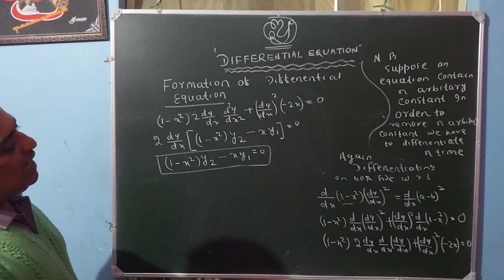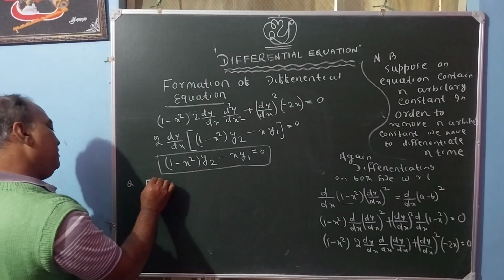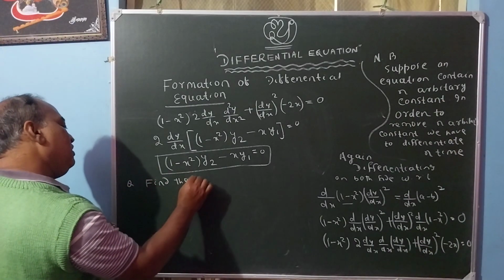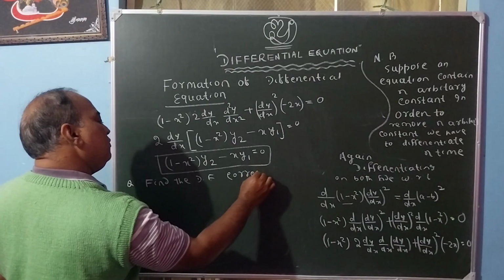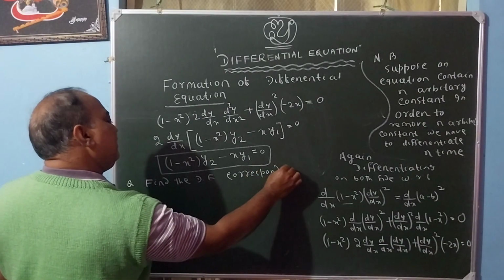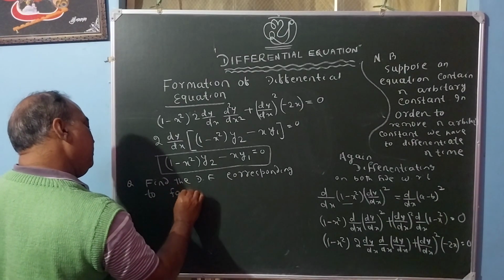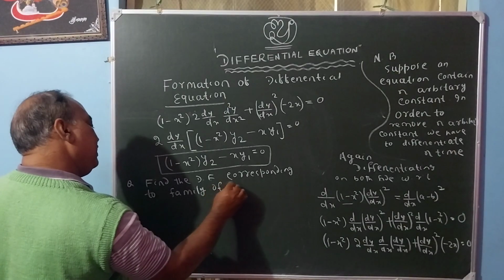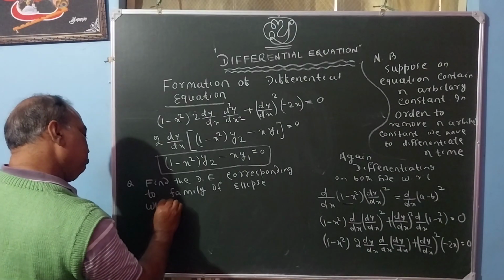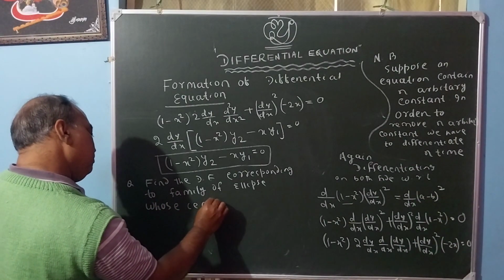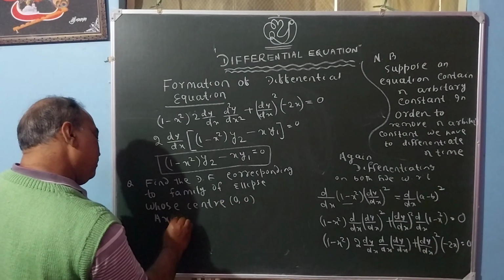Now let us take another example. Write down the question: find the differential equation corresponding to the family of ellipse whose center is (0, 0), axis horizontal.